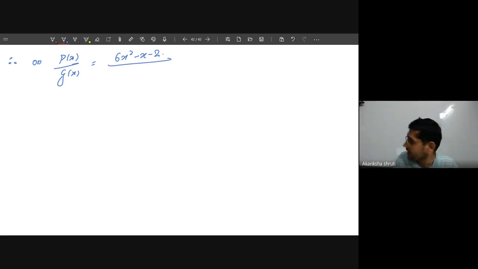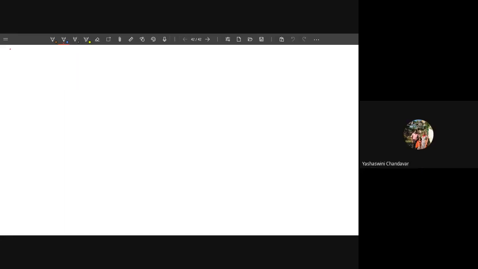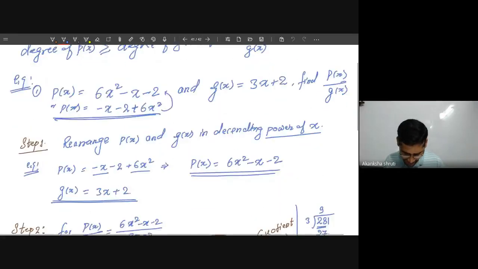Therefore, px divided by gx, what is this? This is our 6x square minus x minus 2 divided by what we had taken? It was our 3x plus 2. Students, watch it.